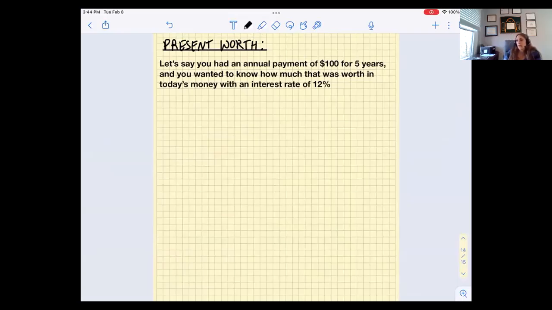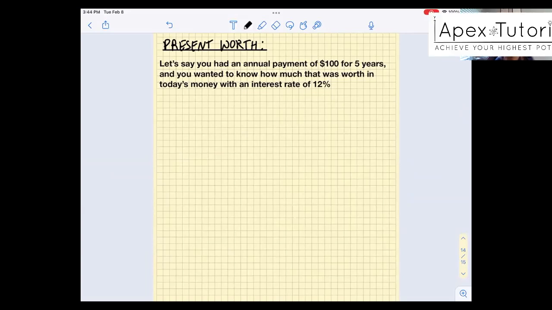So what do we have? You had an annual payment of $100. So what letter is that? That's your P? So you had an annual payment.